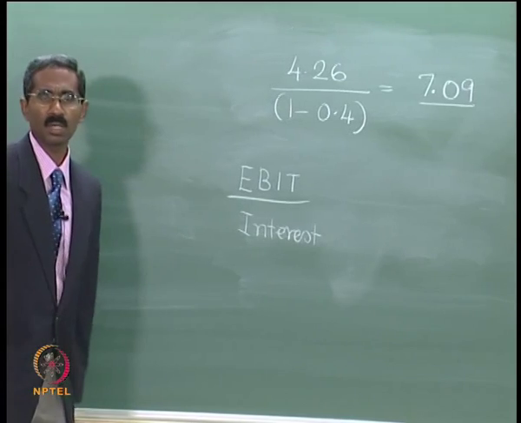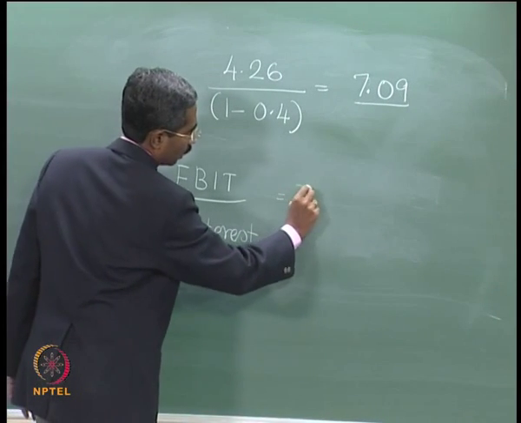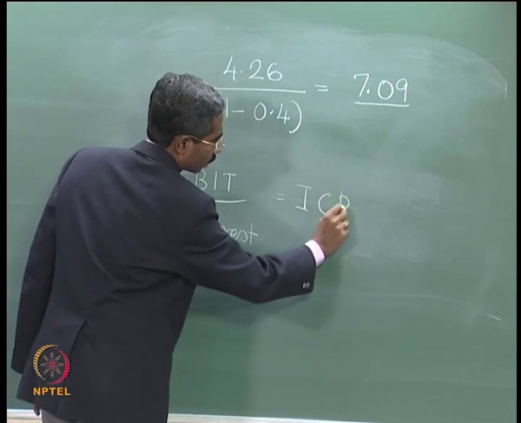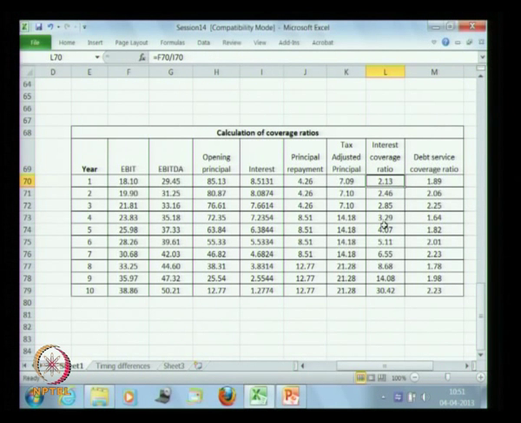I will denote it as ICR, standing for interest coverage ratio. So in the Excel spreadsheet we can calculate the interest coverage ratio. This equals earnings before interest and tax divided by your interest for this particular year, and this will be 2.13.